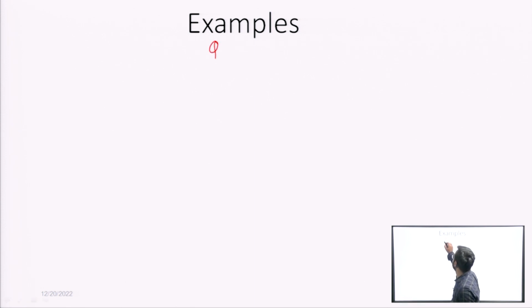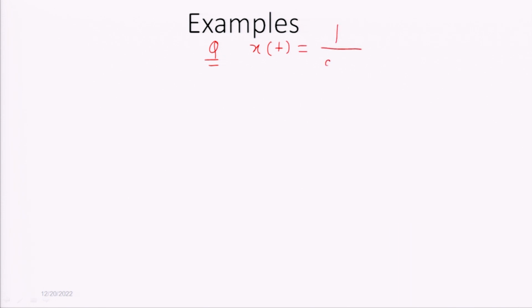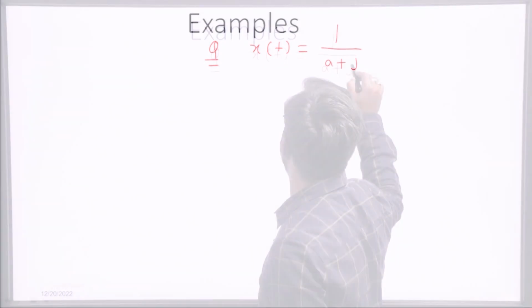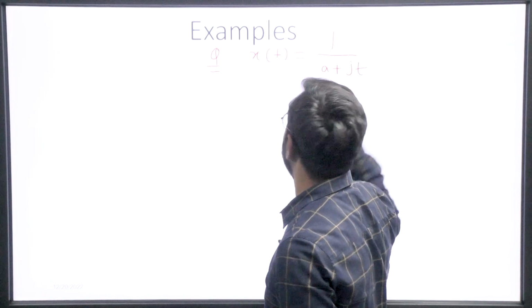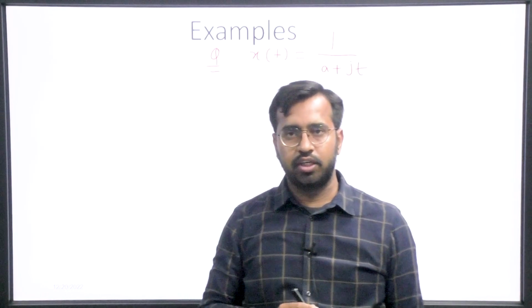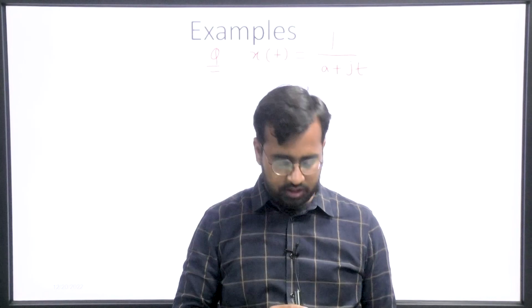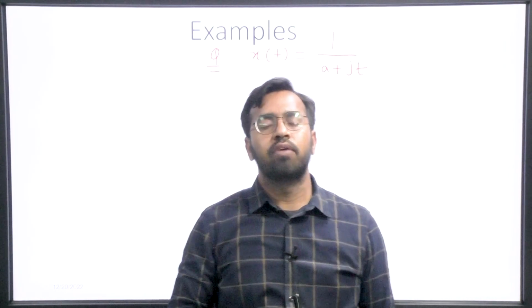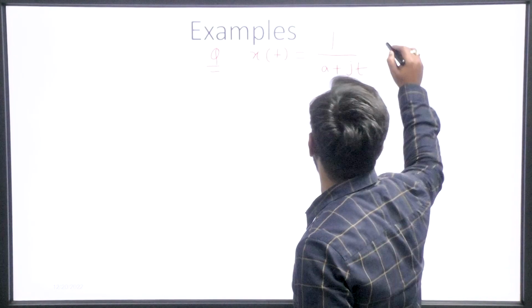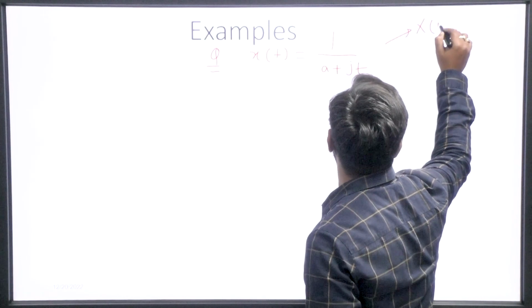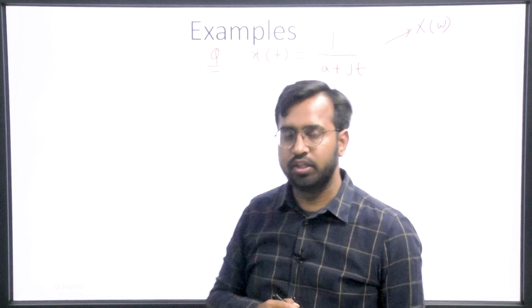The question is: if x(t) is equal to 1 upon a plus j t, we are required to find the Fourier transform of this function.